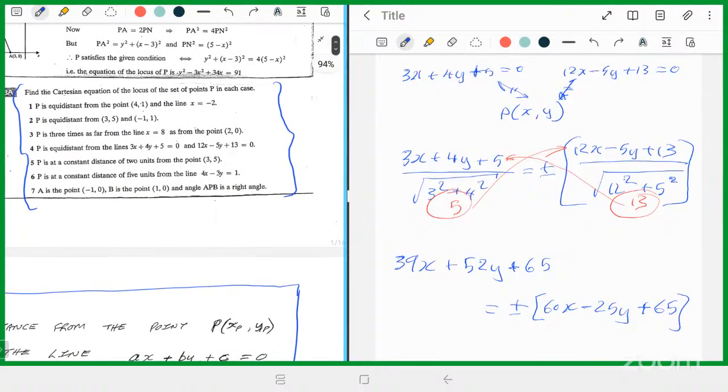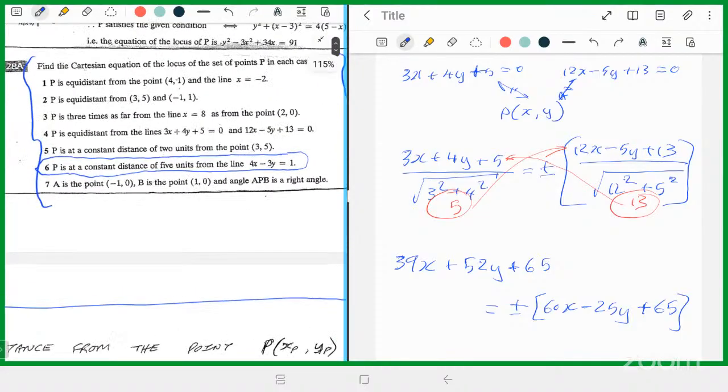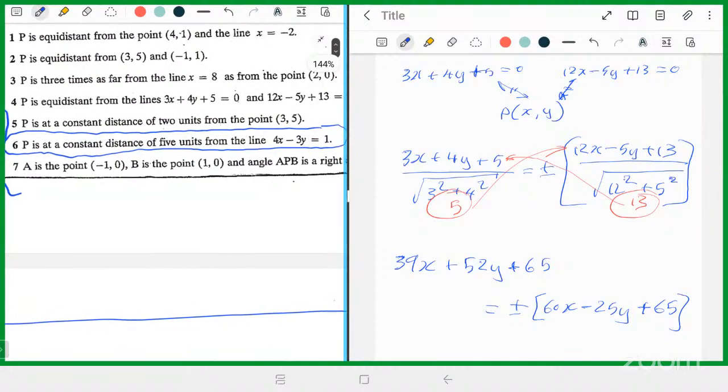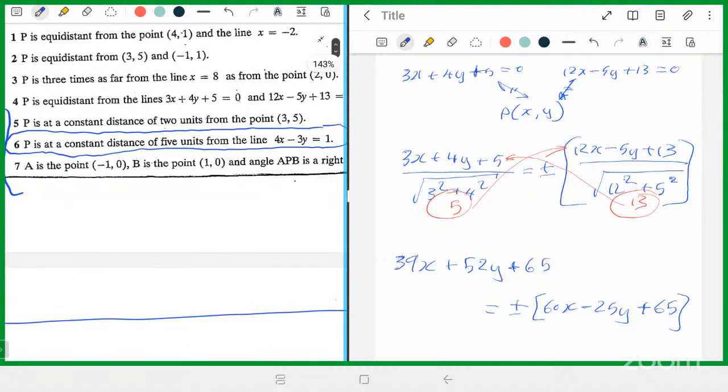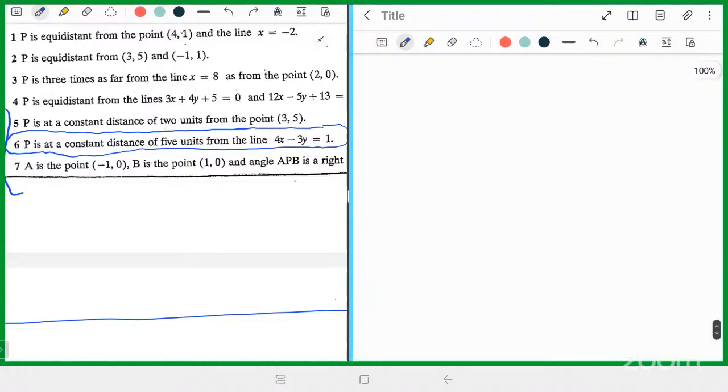This one next. That's what it says. P is a constant distance of 5 units from this line. So I'm going to use the line formula. You have to take care with this one. Alright, so what you have is the line 4x minus 3y minus 1 equals 0.